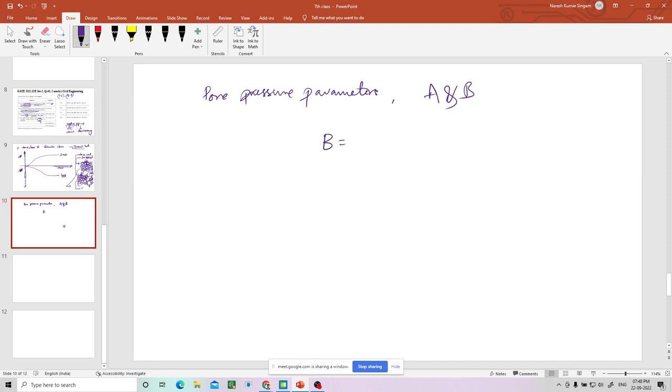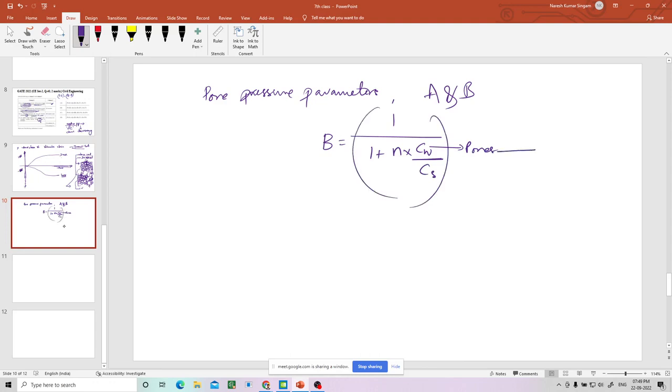I can give you the direct formula. For B, that is 1 by 1 plus porosity into coefficient of compressibility of pores divided by coefficient of compressibility of soil skeleton. This is the formula for B.